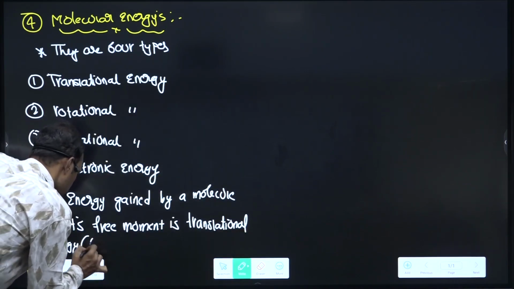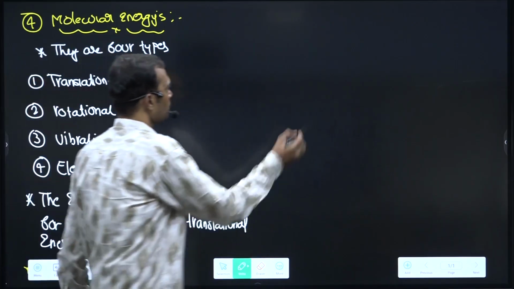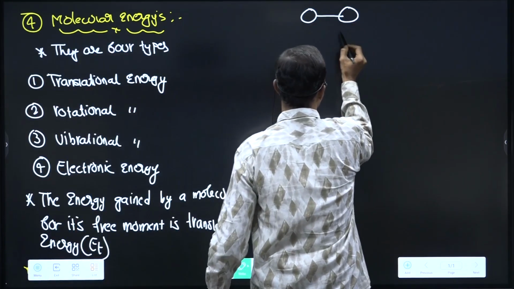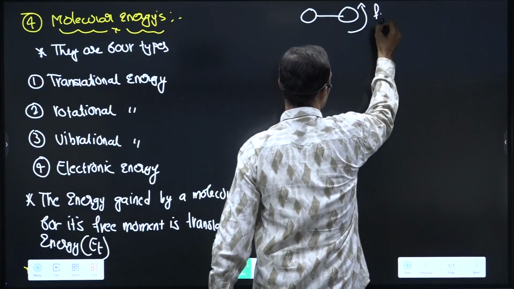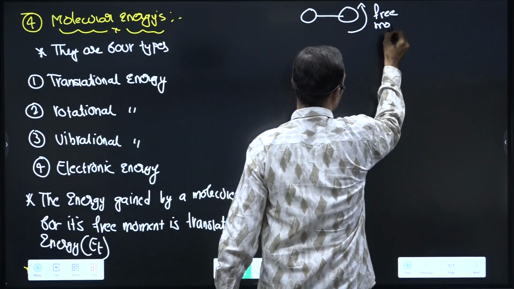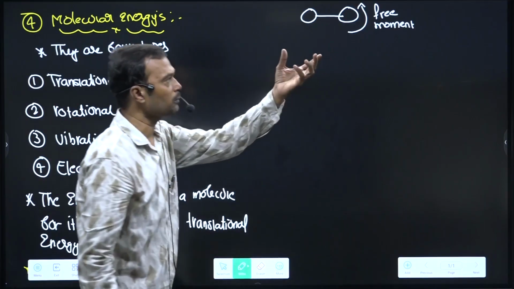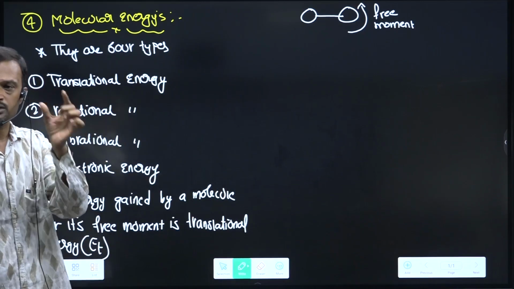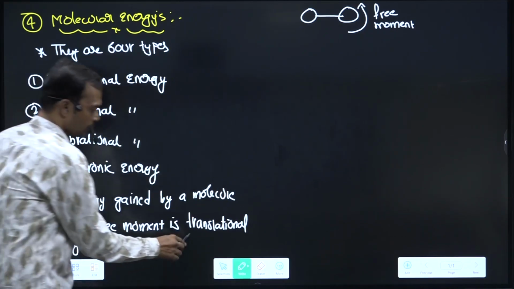Translational energy is represented by ET, the energy gained by a molecule for free movement in space. I am taking a diatomic molecule. This diatomic molecule is completely moving. So this is free movement. Complete molecule is moving. So for that movement, how much energy is required? That is called translational energy, ET.